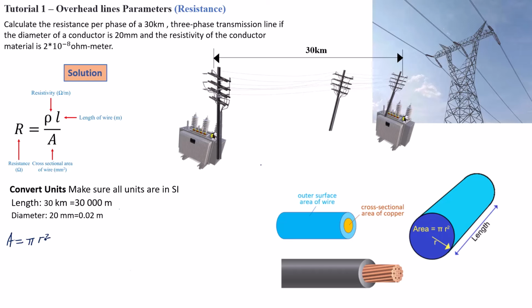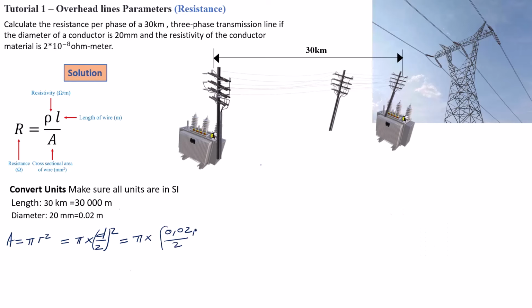So now you know what a radius is. A radius is the diameter divided by 2. So you can just replace it in this formula here. So you're going to have pi times the diameter divided by 2, and everything squared. You're going to have here pi times 0.02 divided by 2, it's meter here, and squared.